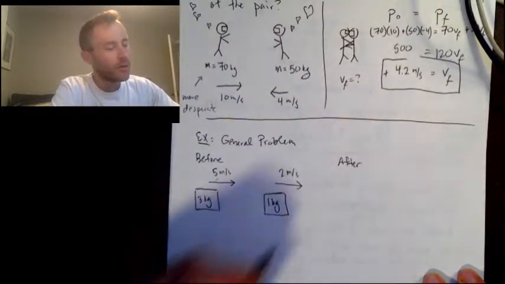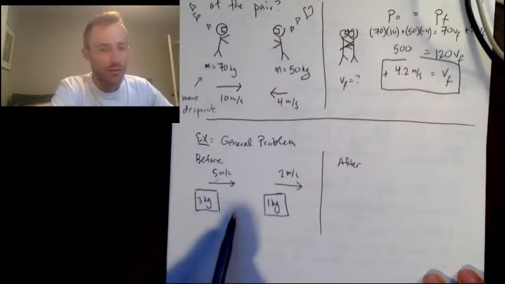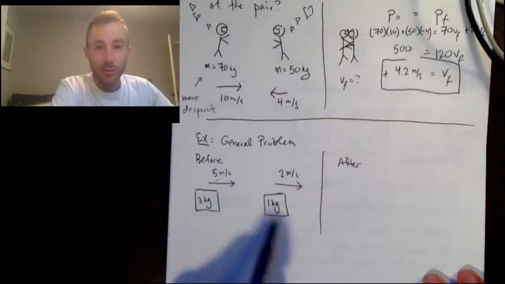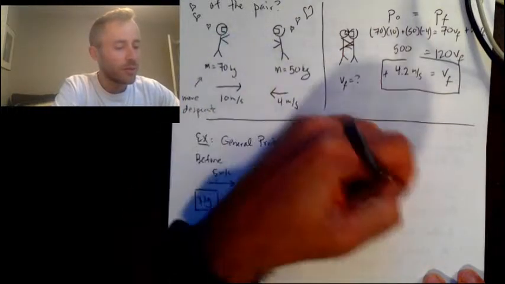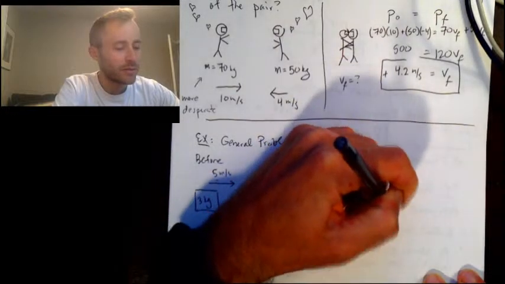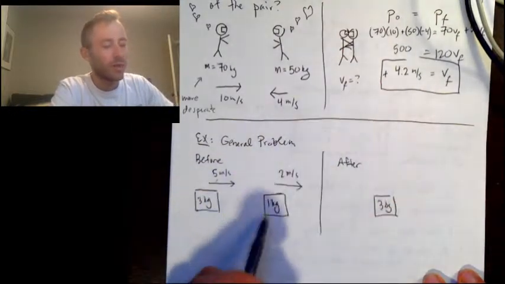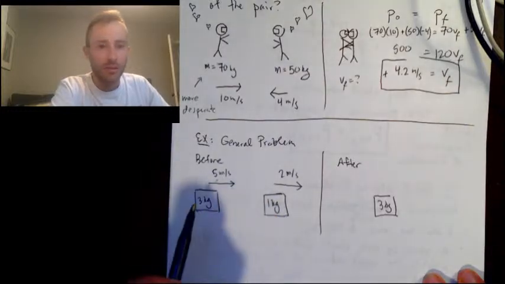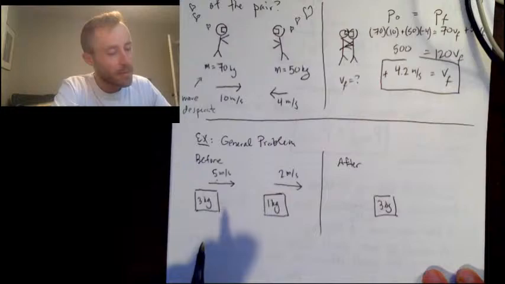Okay, so what's going to happen is the 3 kilogram block is going to overtake the 1 kilogram block and sort of bump it from behind. And so as you can imagine, the 1 kilogram block is going to speed up and the 3 kilogram block is going to slow down as a result of that.